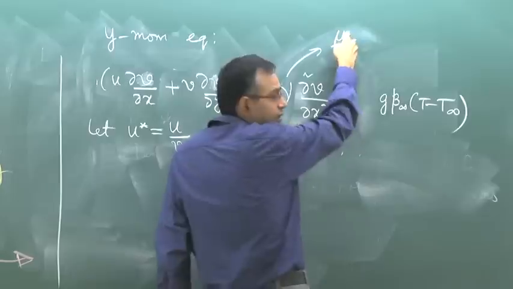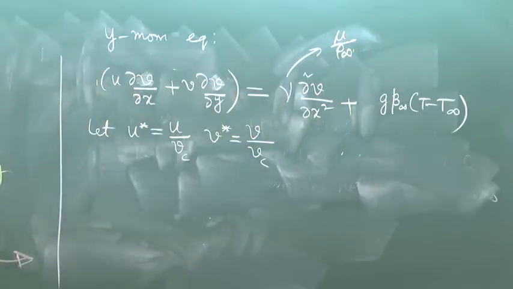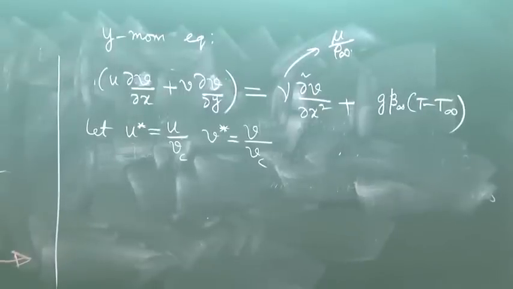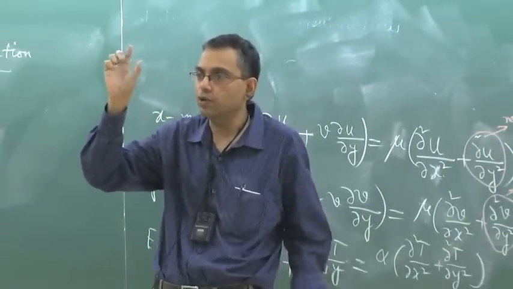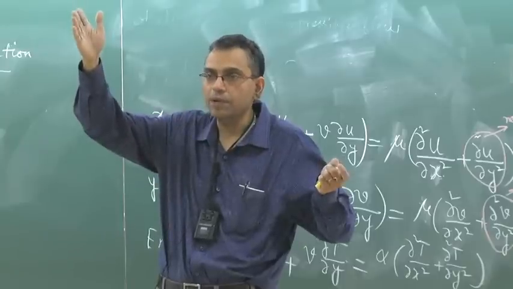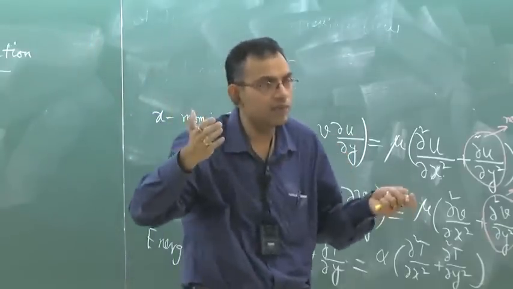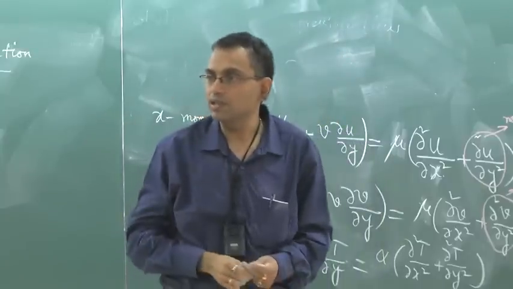This mu can be a function of temperature, but let us not complicate the problem by putting everything as a function of temperature. Of course mu is a function of temperature, but it may not be a very strong function over the range of temperature considered for the problem. But if the range of temperature is very large, then mu as a function of temperature must be taken into account, then you cannot take mu as a constant.